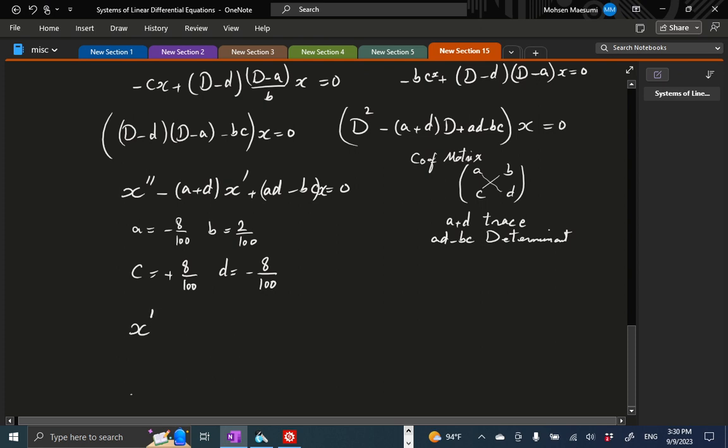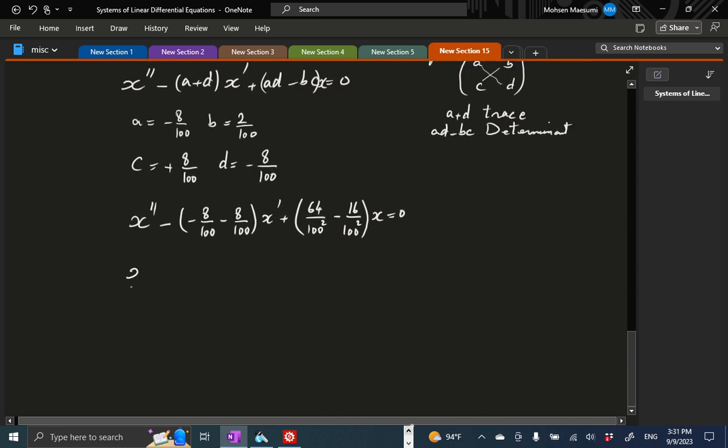X double prime minus A plus D. A is 8 over 100 minus D is the same, times X prime, plus AD. 8 times 8 is 64, and the denominator is 100 squared, 10,000, minus B times C. 2 times 8 is 16, and the denominator of that is also 100 squared, times X equal to 0.